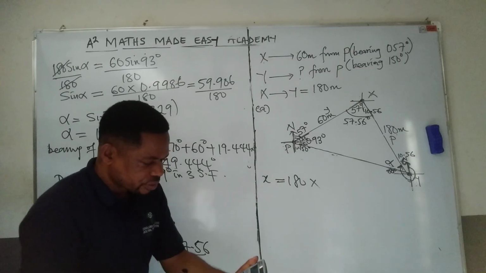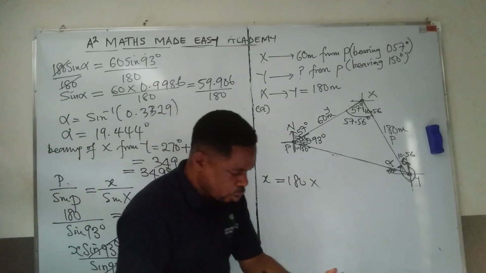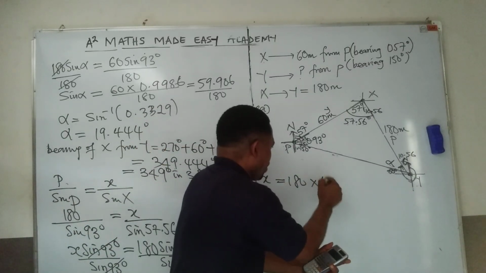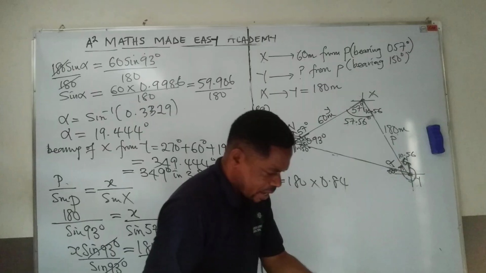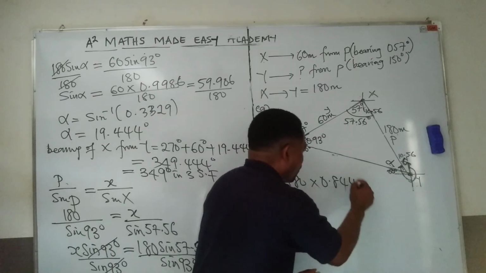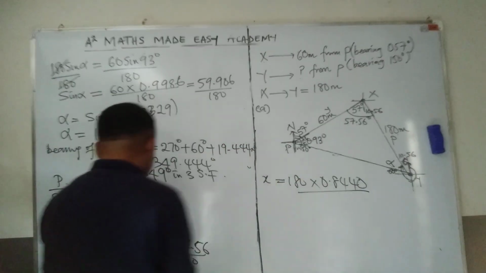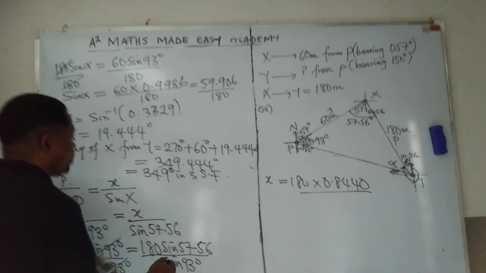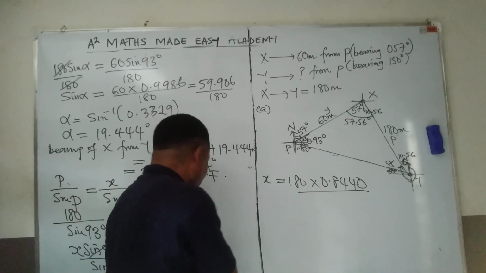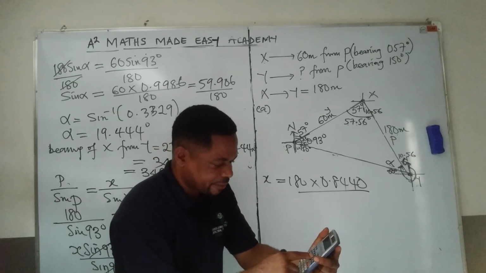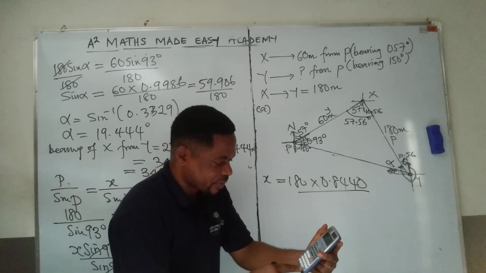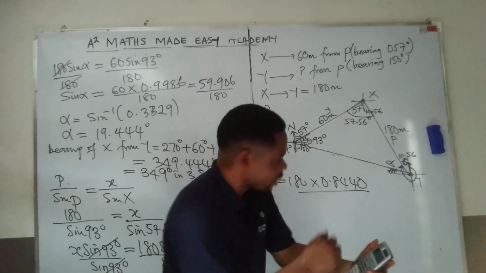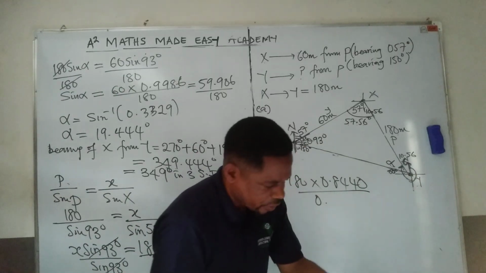It will give me 0.842, approximately 0.84. Then divided by sine 93. Don't forget that we punched sine 90 before, but let us punch sine 93 degrees. What is the result?